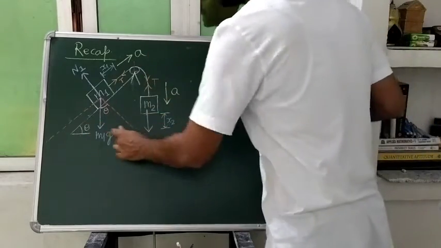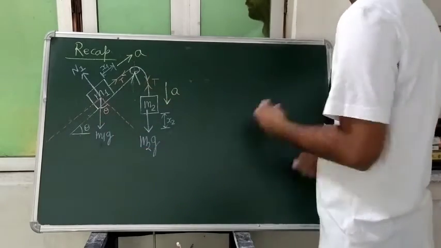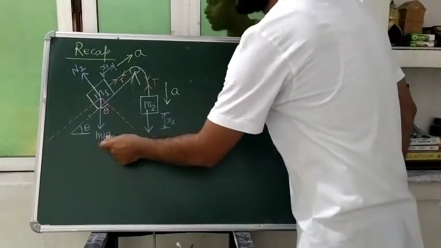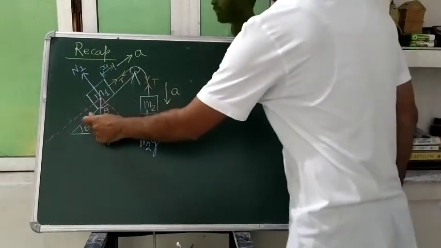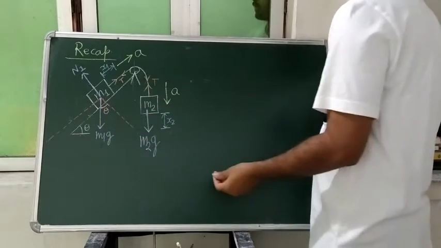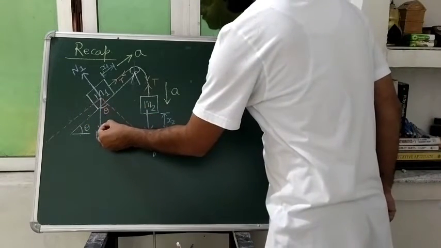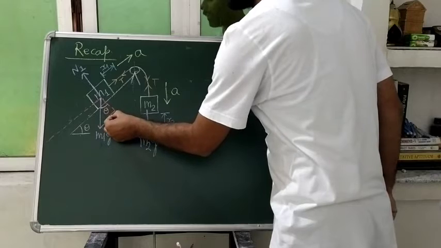Whatever angle this inclined plane makes with the horizontal, the same angle this force due to gravity will make with the perpendicular of the contact surface. So if this is theta, this will also be theta, and it will become our right angle triangle.